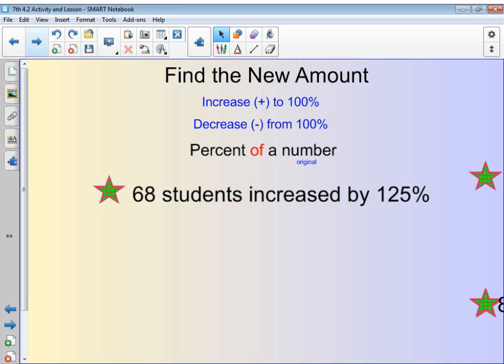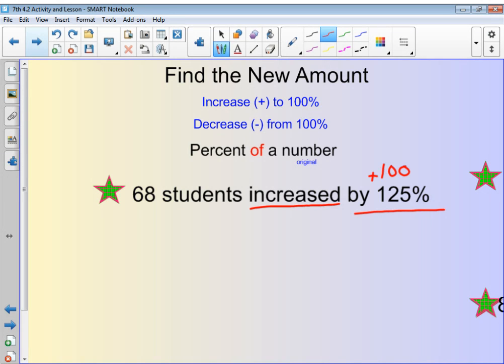So this time, 68 students is increased by 125%. So we see a percentage that's already greater than 100, but remember, it's increasing by that much. So we're going to still add 100. So if we add 100%, our new percentage is 225%. Of means times 68. So we're going to use 2.25.